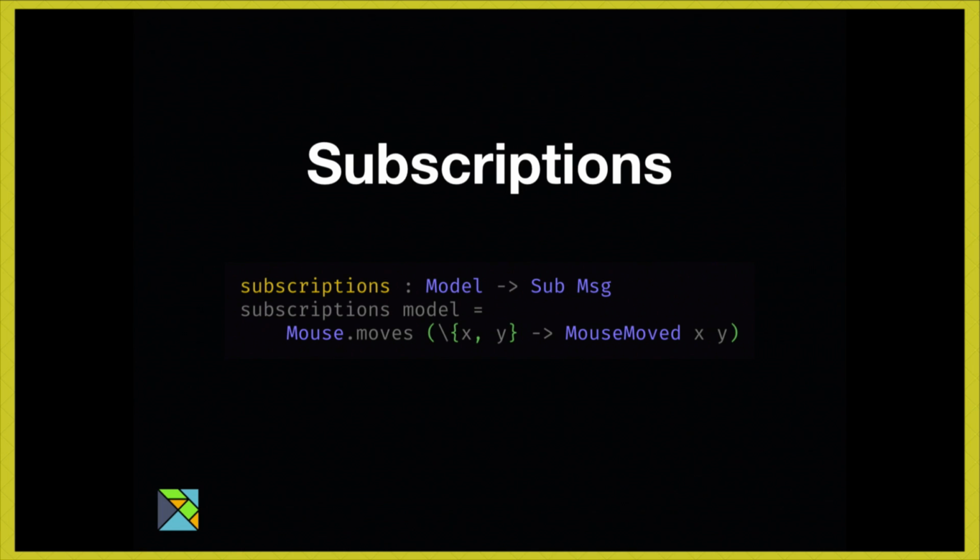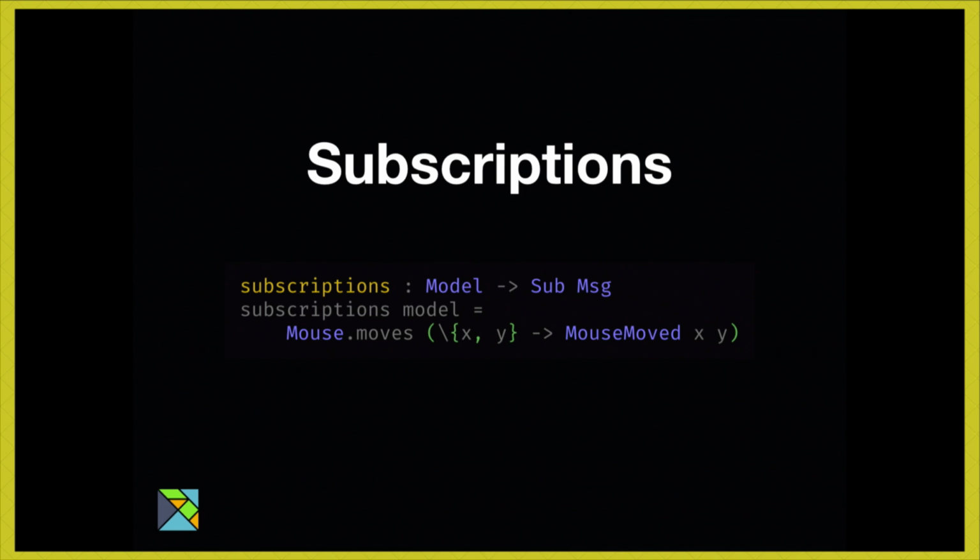Yeah, so subscriptions, you pass this to your program when you start it, and it's a function that takes a model. You can read stuff off the model if you want to, and then it returns a subscription that produces messages. So it's like a command in that when a thing happens, it will send a message into your application. We're going to type this out in a second. We're subscribing to mouse moves.